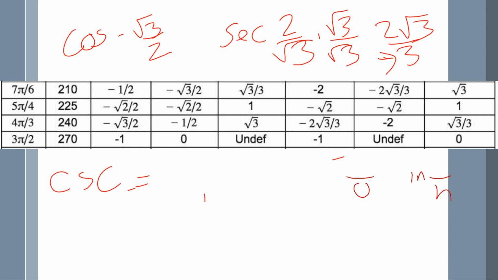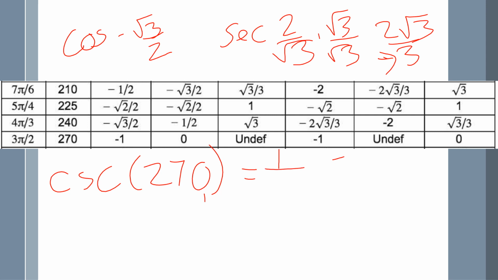So okay, we can do cosecant. Let's do cosecant of 270. So cosecant, the trig inverse is sine. But to do that, remember it's going to be 1 over sine, which we know is 1 divided by -1, which is going to be -1.